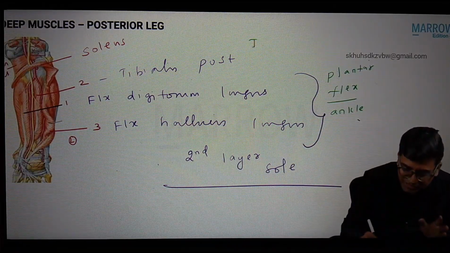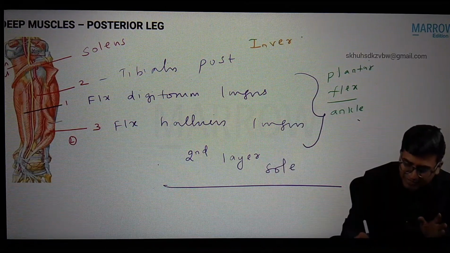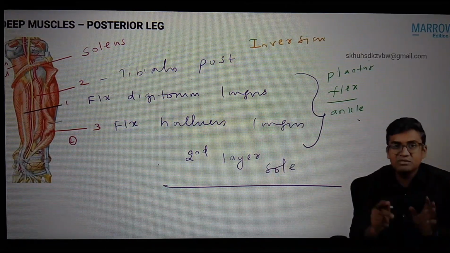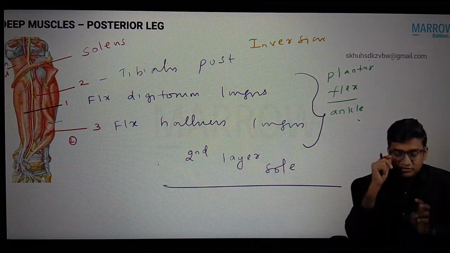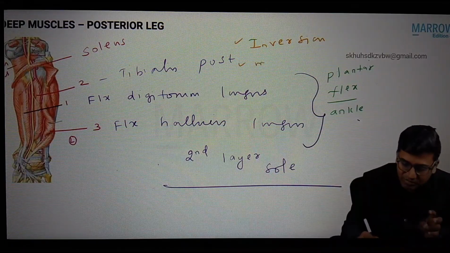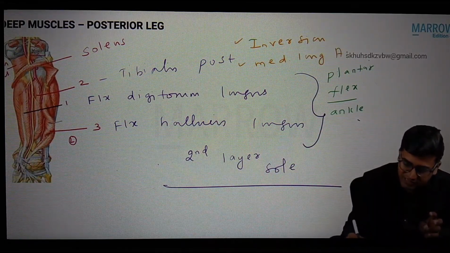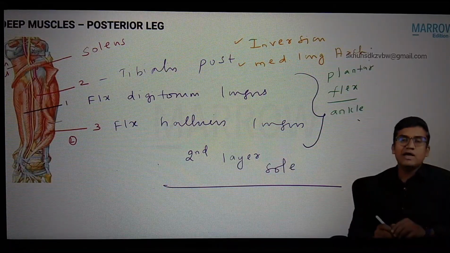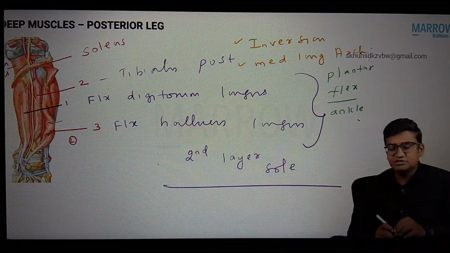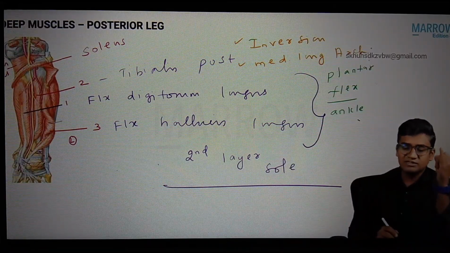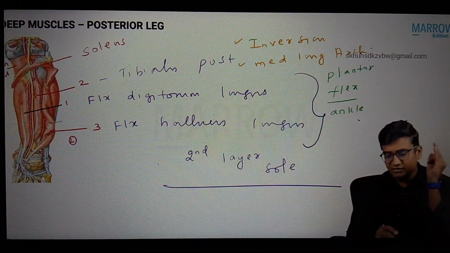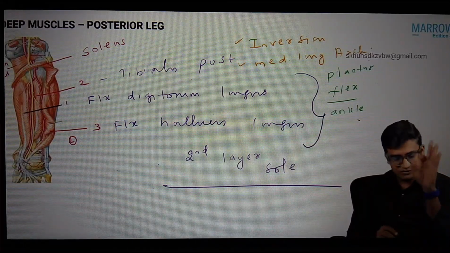So for tibialis posterior, please write, it is a muscle for inversion, and please remember, it is the main muscle for inversion. This muscle also maintains the medial longitudinal arch. So three actions are there for tibialis posterior: plantar flexion of the ankle joint, inversion, and it maintains the medial longitudinal arch.